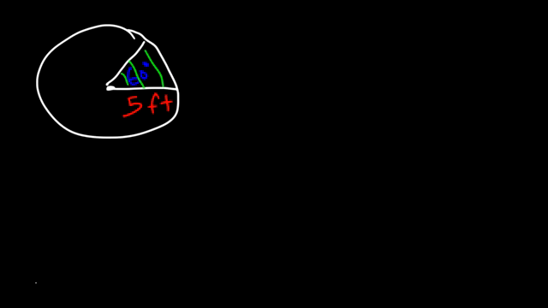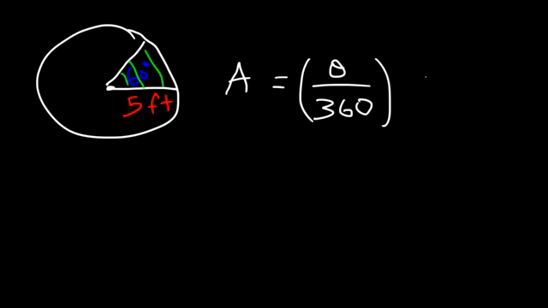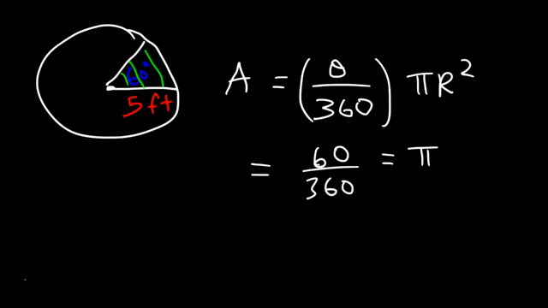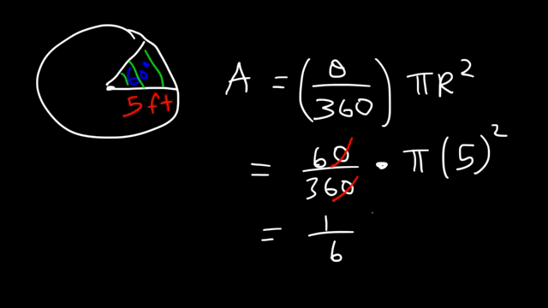So because the angle is in degrees, let's use this equation, theta divided by 360 times pi r squared. So it's 60 over 360 times pi. I put equals for some reason, but that should be a multiplication symbol. So times pi times 5 squared. So we can cancel a 0. 6 divided by 36 reduces to 1 over 6, and 5 squared is 25.